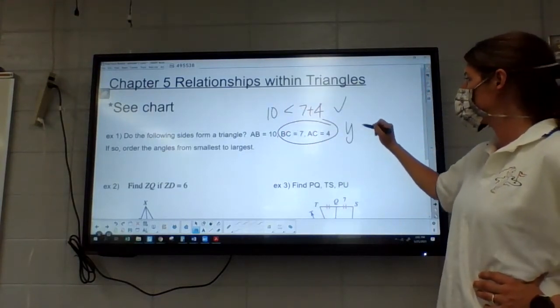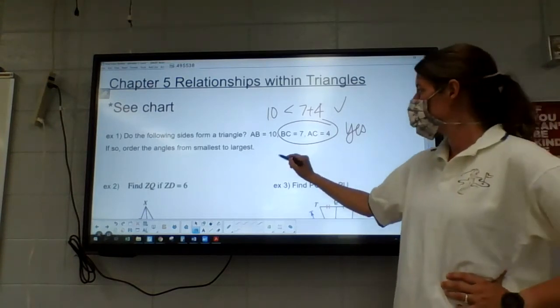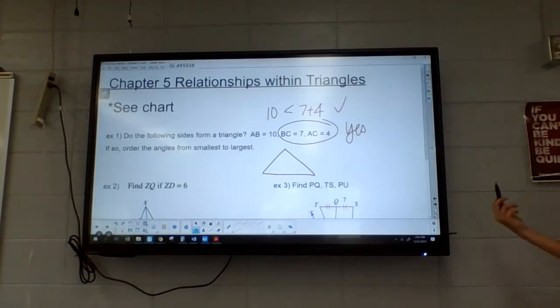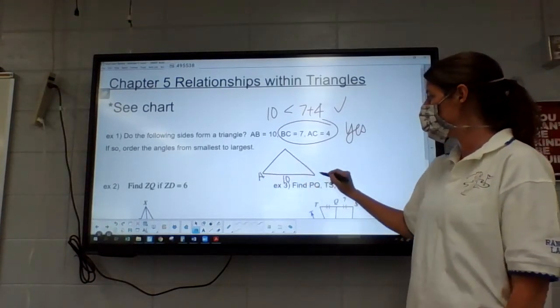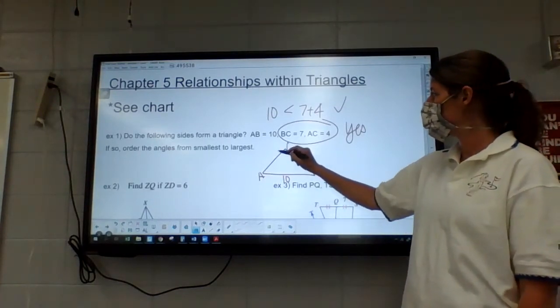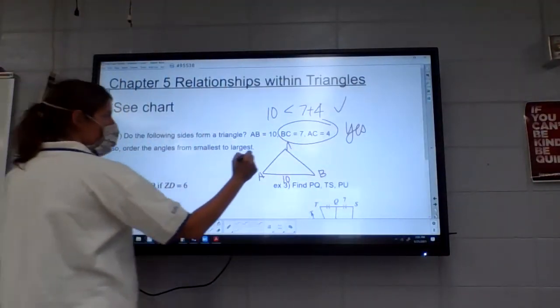So this is yes. So now I'm going to draw this. I don't really know what it looks like, but I'm going to try and draw it so it kind of makes sense. The longest side is 10, so that's AB. And then AC is short, oh, that should be a C there. AC is the shorter one.